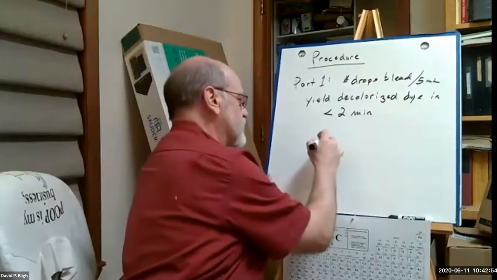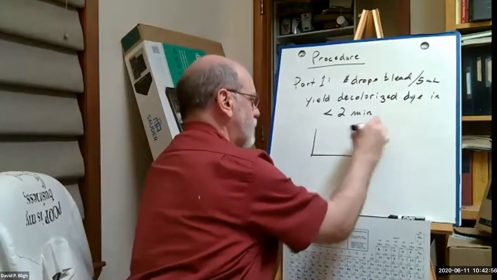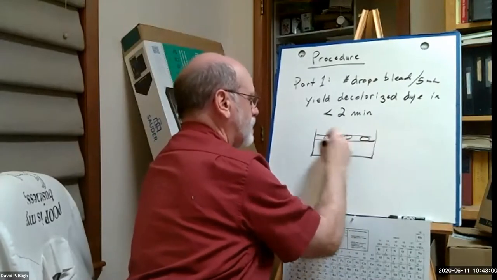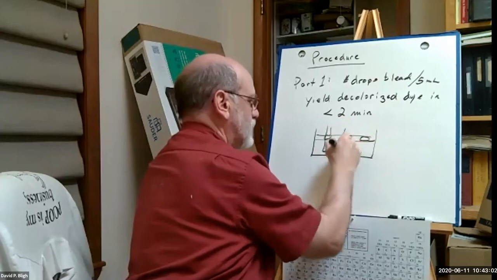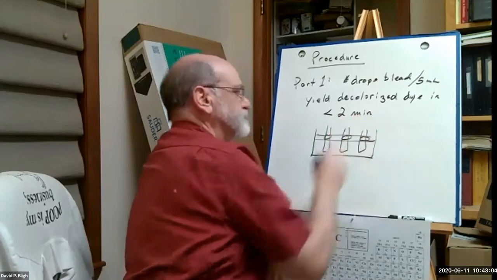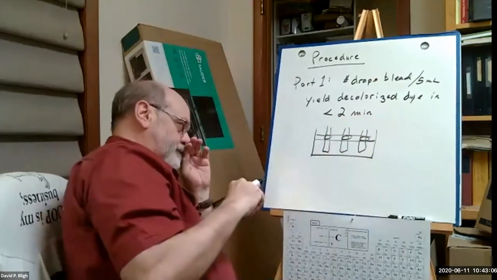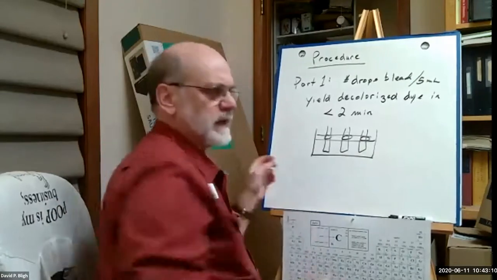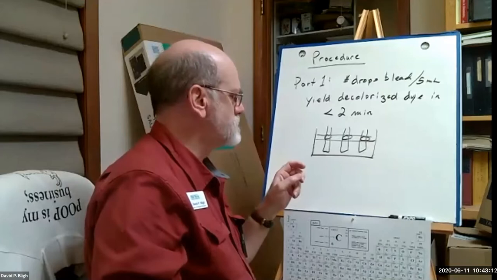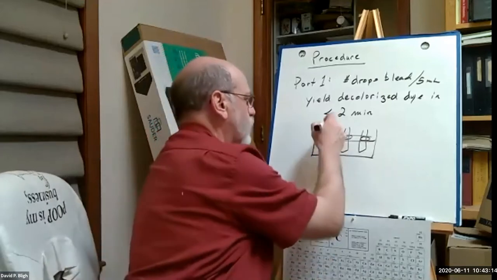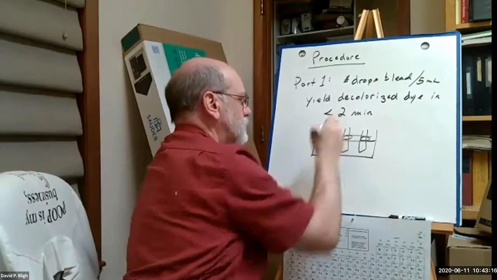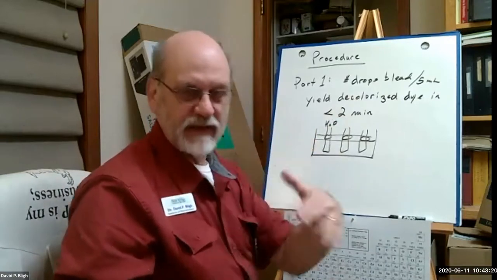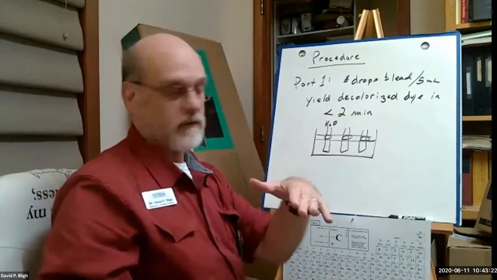Well, you set up your test tube rack, right? Put your tubes in it. And you, let's see, you fill one with water, right? That's as your completely no color standard.